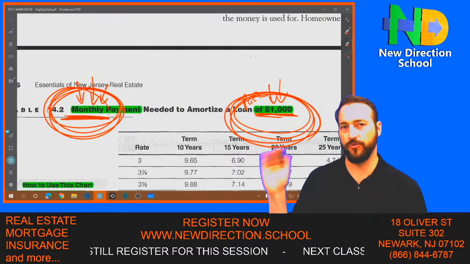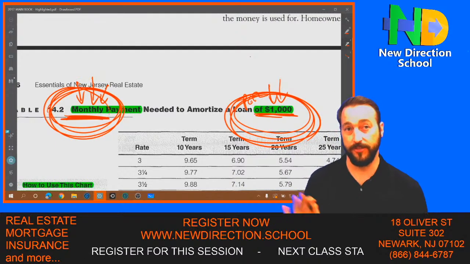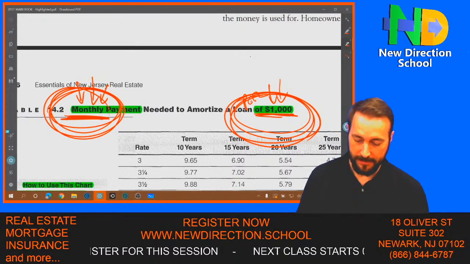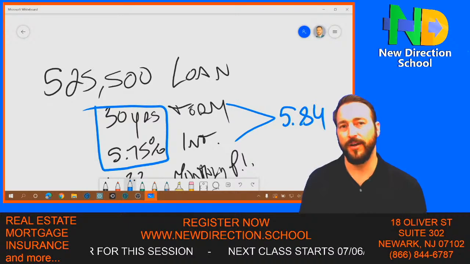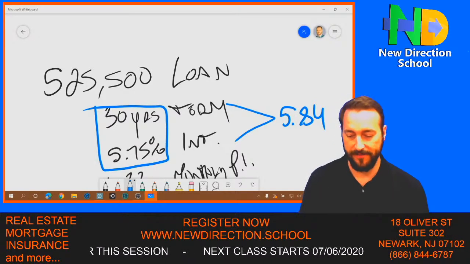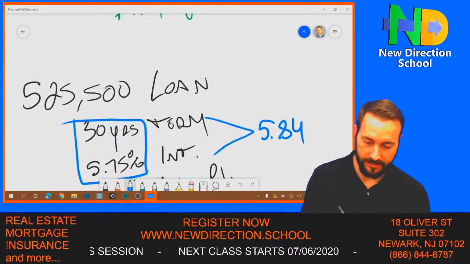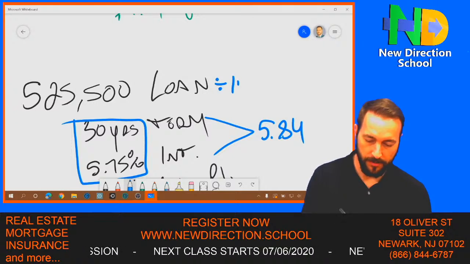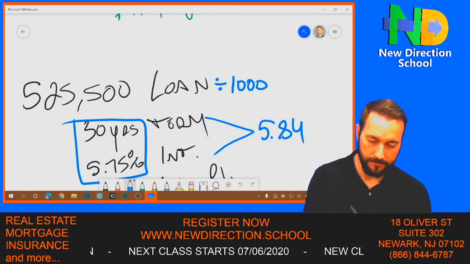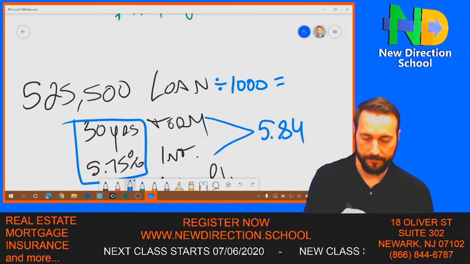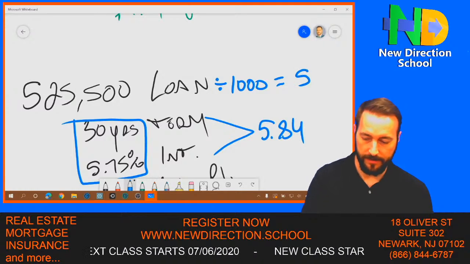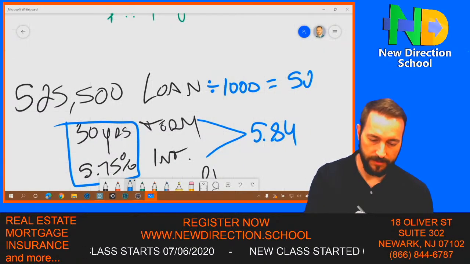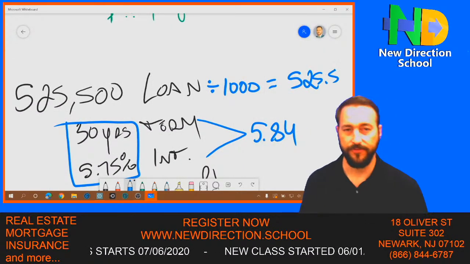Don't worry, I'm not going to start drawing a car or put eyes over here. Don't worry. Okay? But if it's per every $1,000, what do we have to do? We have to divide this amount by $1,000. And that tells me 525.5.